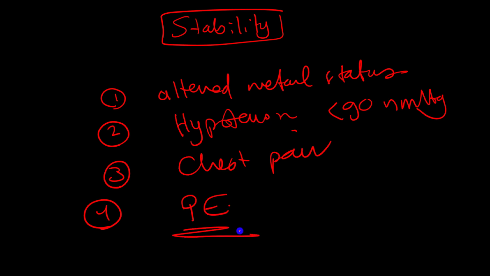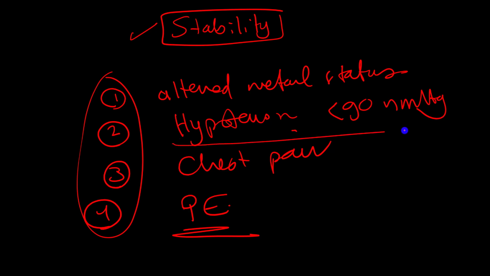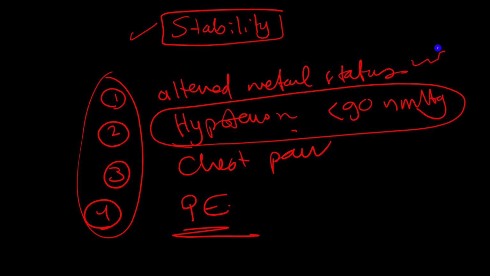And fourth is heart failure or pulmonary edema. So when I'm talking about stability, I have to fulfill all these four items. So it's not all about the blood pressure. Actually, the altered mental status, chest pain, and pulmonary edema are signs of instability as well.